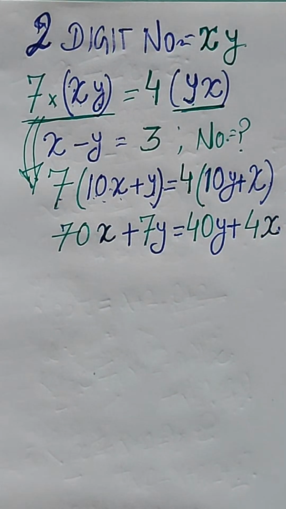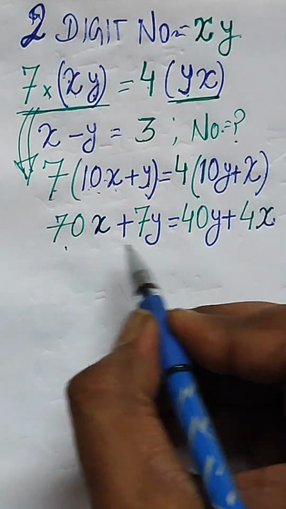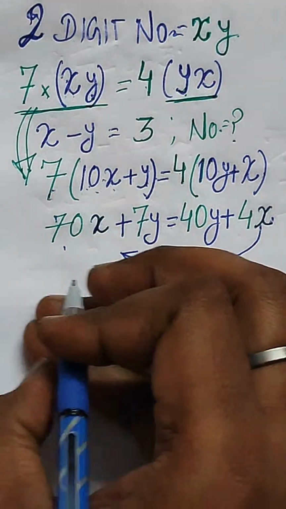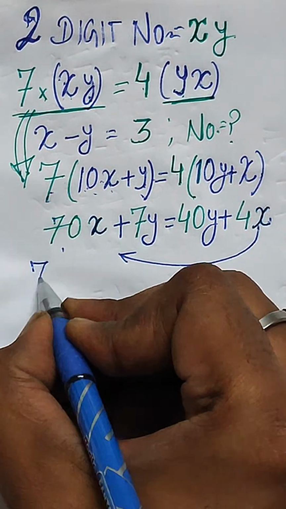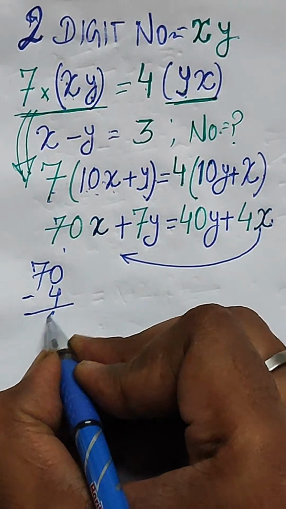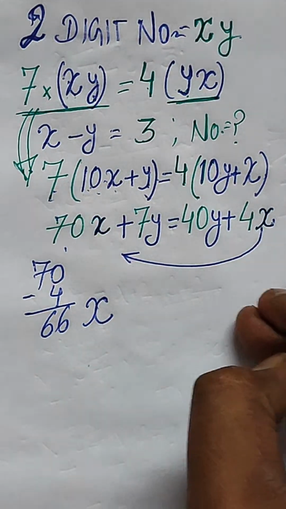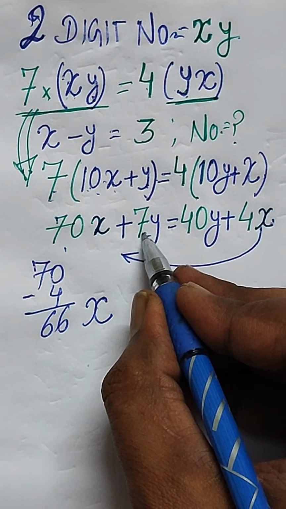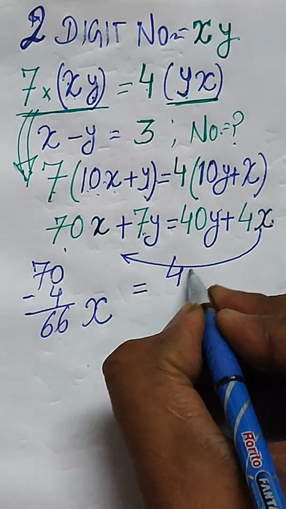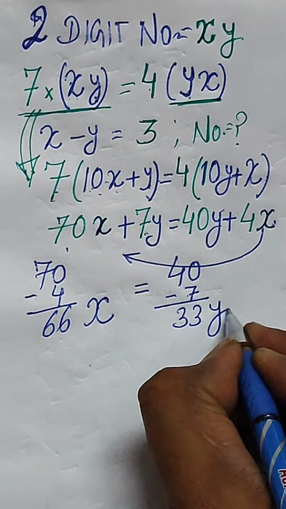Now here you can see when 4x comes to the LHS, it will be 70 minus 4, which is 66. So LHS will be 66x, and when 7y goes to the RHS, the RHS will be 40 minus 7, which is 33y.